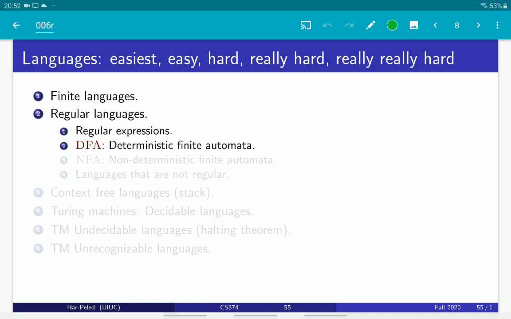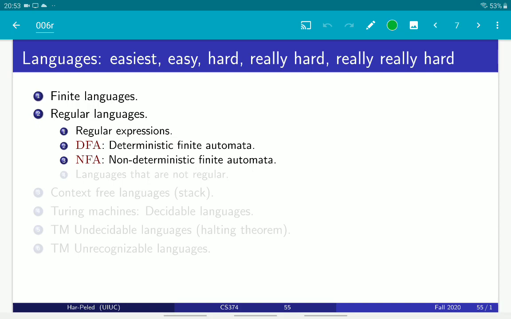And the next description is using NFA, which is just non-deterministic finite automata. And the way to think about NFAs is that they're automata where there is limited memory, but you're allowed to make choices. The algorithm has free will to make choices.